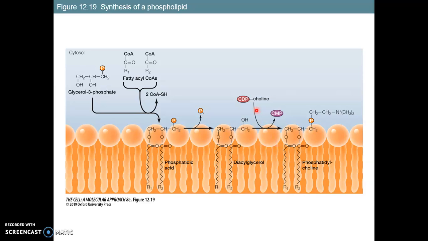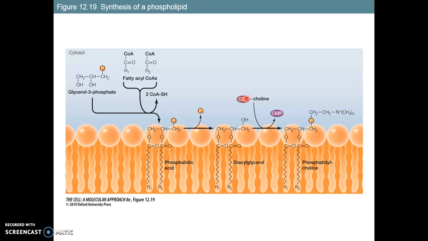One shown here is taking the molecule choline, which is attached to a CDP carrier. So we've seen ATP carriers before, we've seen GTP used in circumstances. Now here's an example of CDP being used as a carrier molecule, doing something different than just being a nucleotide.